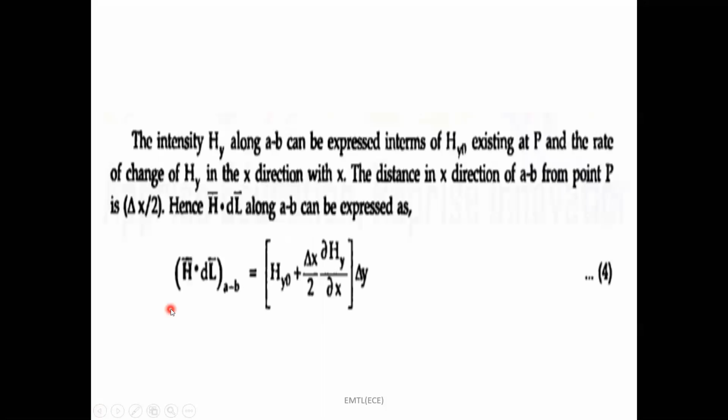So when you observe, this is the expression along A to B path, and this is the expression along B to C path. The only difference is it is a negative x direction and the magnetic field intensity is expressed as an Hx component.